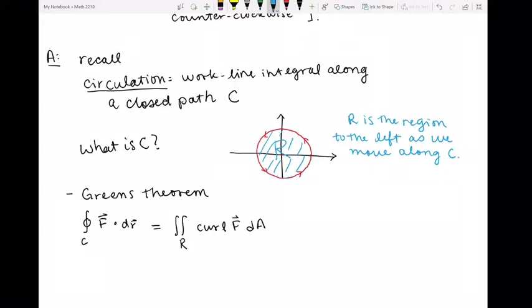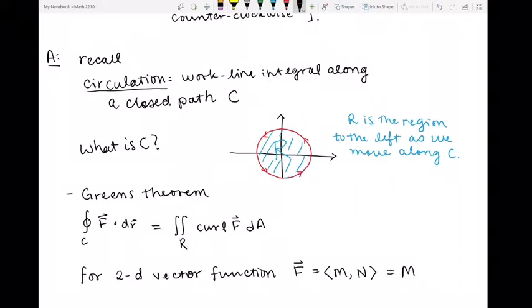Let's talk about what we mean by curl. This is something I think has been talked about in class, but let me just remind you, in case you forgot. For a two-dimensional vector-valued function, maybe we say that it looks something like this: F is of the form M and N. It has those two components, or like we have it in our case, it's M i plus N j.